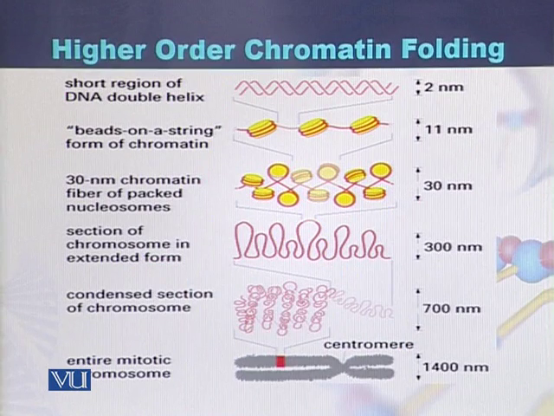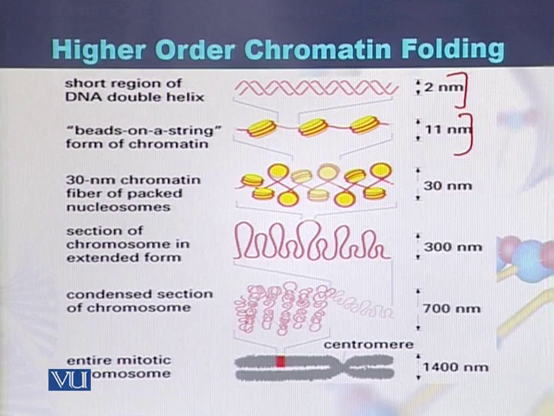But if we see in detail how DNA is converted into the chromosomes, there are different levels of the packaging of the chromosomes. This is the first level, where we can see that the diameter of the DNA is 2 nanometer. This is the first level of the packaging where nucleosomes are formed.